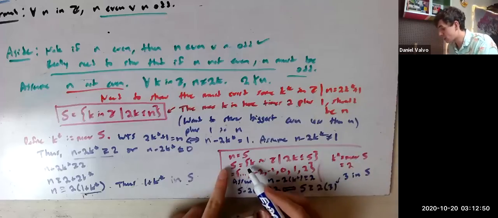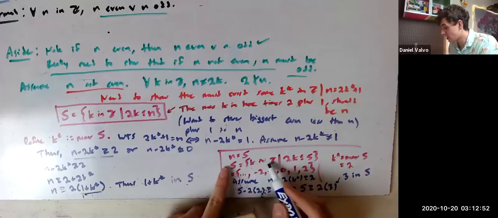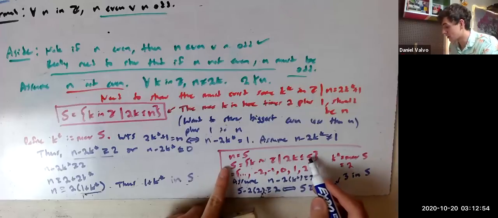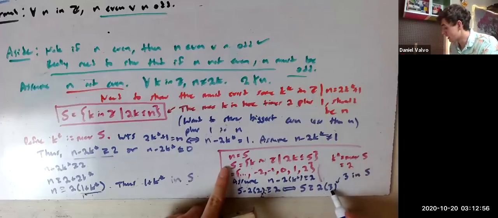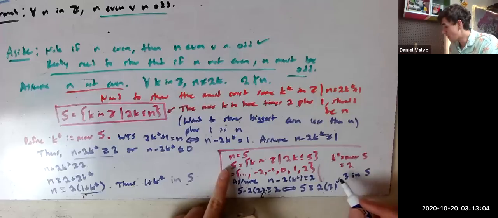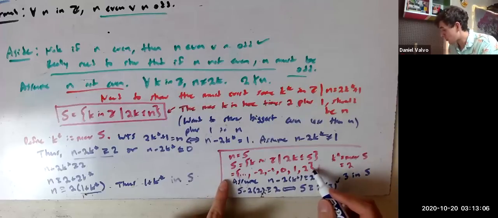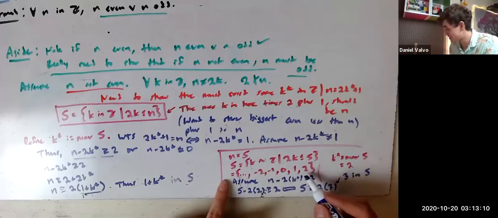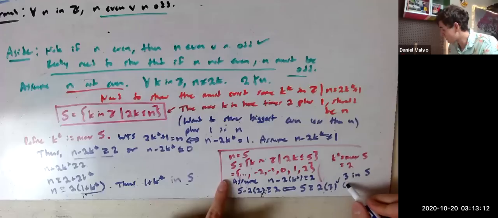The definition of being an S is you're an integer that you can multiply by 2 and be less than or equal to 5. Well, 3 is an integer, you multiply by 2 and it's less than or equal to 5. So this means 3 is an S. But we know that 3 is not an S because 2 was the biggest number in S. This is a contradiction.